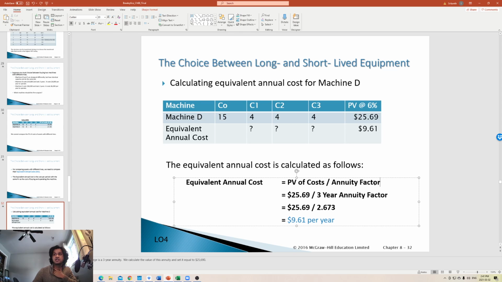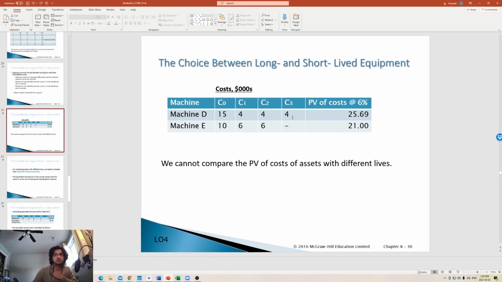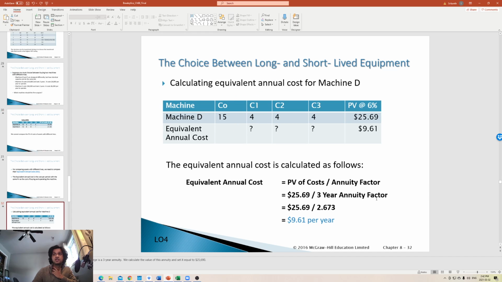And the annuity factor: for machine D, it's a 3-year project, 1, 2, 3 years, so we are going with the 3-year annuity factor. The 3-year annuity factor is the value of $1 discounted at a rate of 6%. You're receiving 3 payments of $1 each, and you're discounting them at 6% to present value.